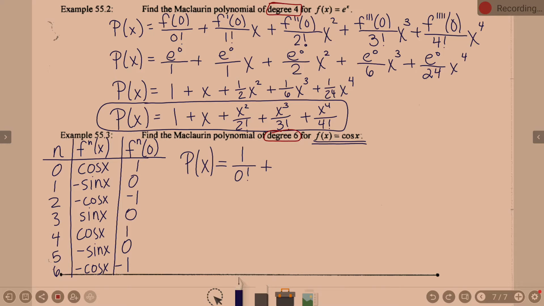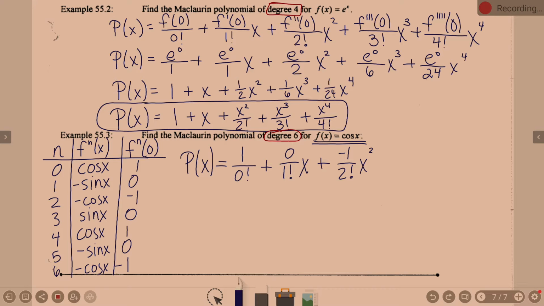Now I'm going to do the first derivative at 0, which is 0 over 1 factorial x to the first. Again, we'll come back and clean up later. Plus, now I need the second derivative at 0, which is negative 1 over 2 factorial x squared. Are we okay with what I'm doing here?